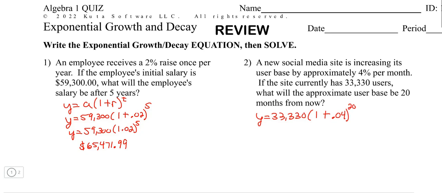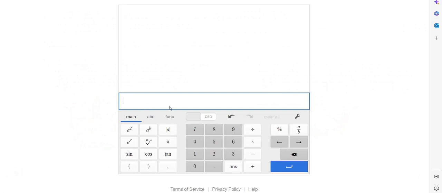And 1 plus 0.04 is 1.04. So our equation is 33,330 times 1.04 to the 20th power.